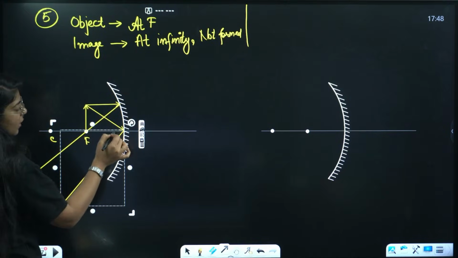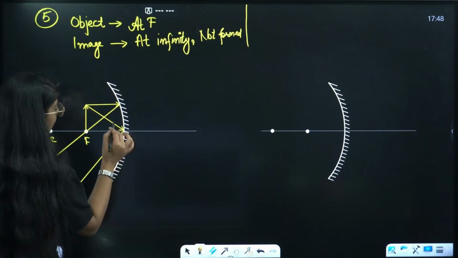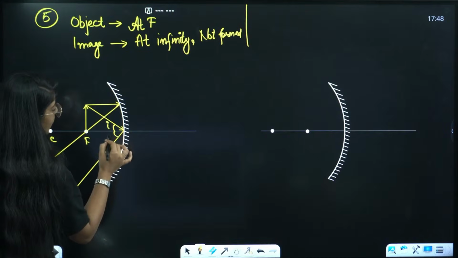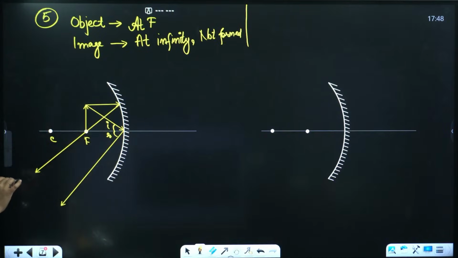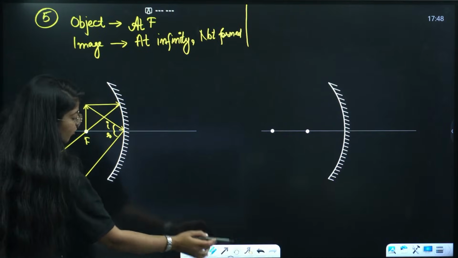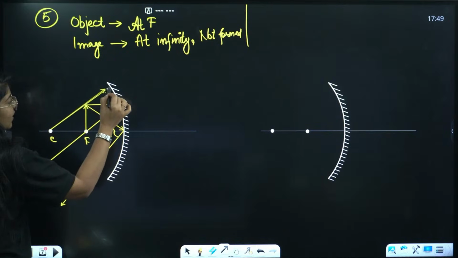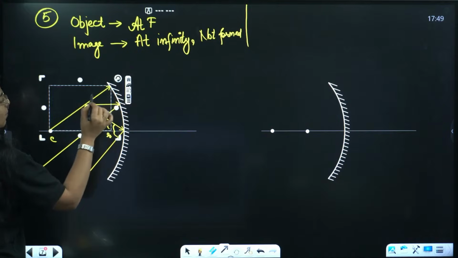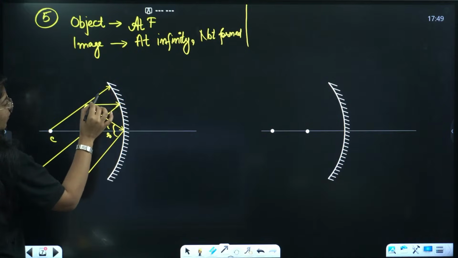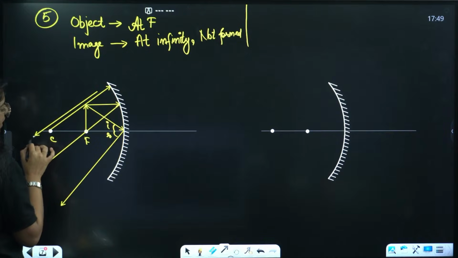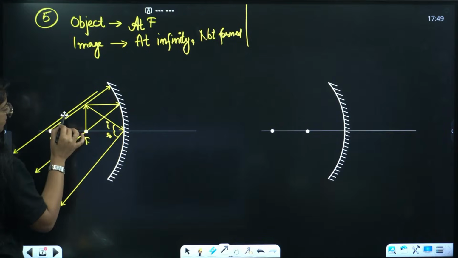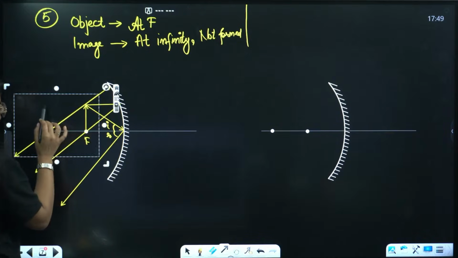So angle I equals to angle R, ठीक है. ये हो जाएगा, ठीक है. Or you can also do one more thing. You can make the ray pass from center of curvature, because when the ray passes from center of curvature, it comes back the same way.